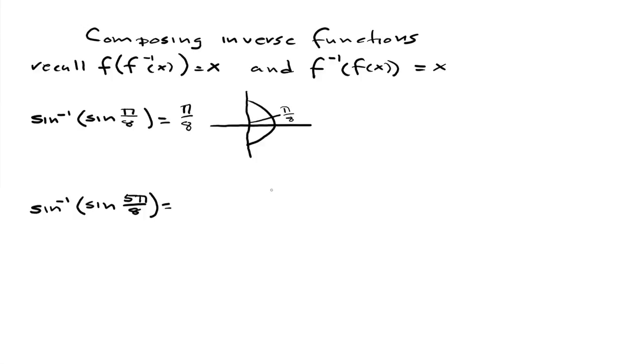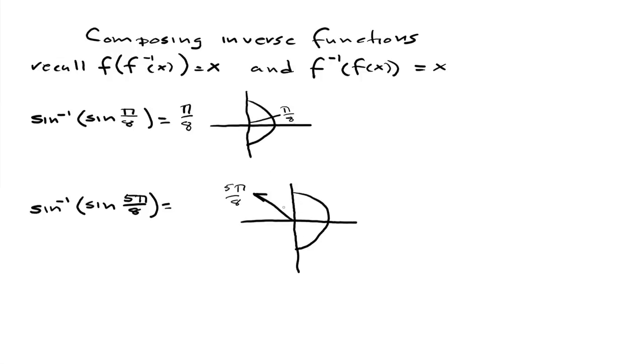Over here, I have a little bit of a problem because 5 pi over 8, that's actually 5 over 8 is more than a half, which means 5 pi over 8 is over here. And 5 pi over 8 is now outside the domain of the inverse sine. Because it's outside the domain, I have to do a little bit of busy work here.